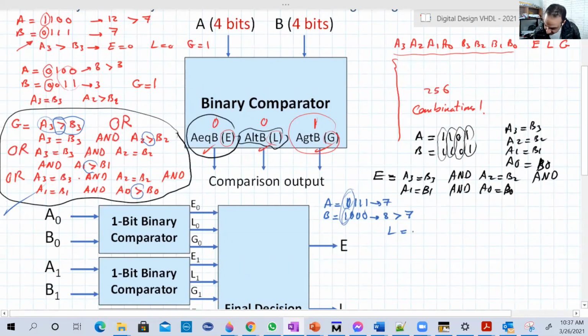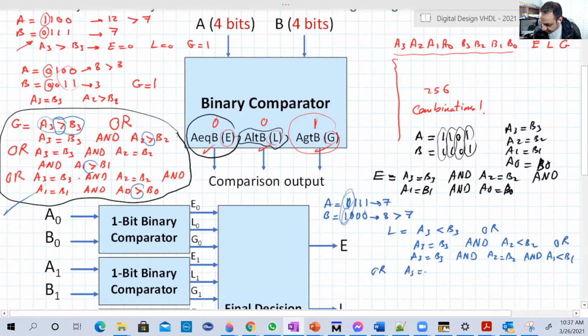So for example, L will be equal to A3 less than B3, or A3 equal to B3 at the same time, and A2 is less than B2, or A3 equal to B3 and A2 equal to B2 and A1 now less than B1, or finally all of them are equal except the last case, A0 and B0.